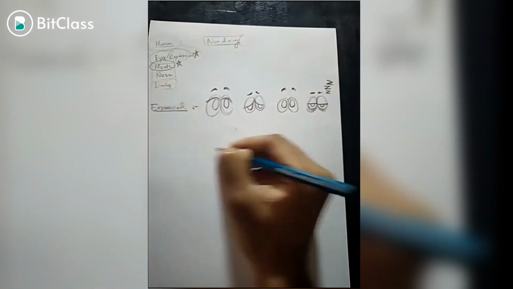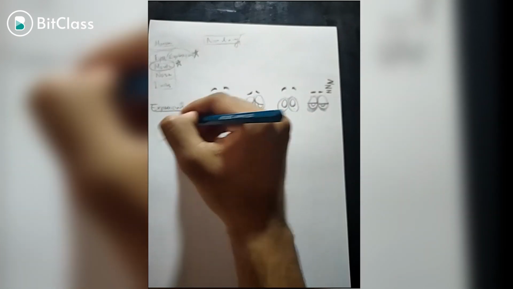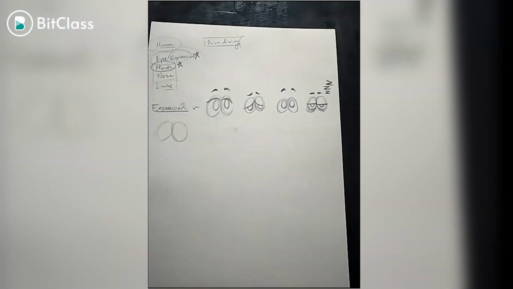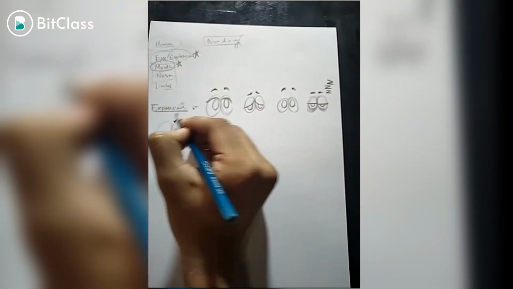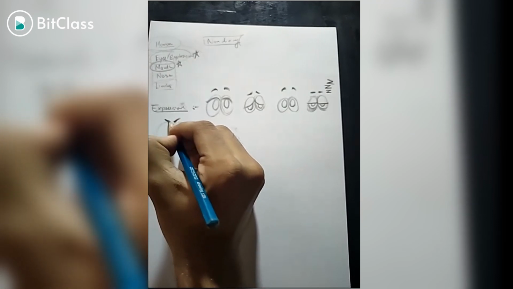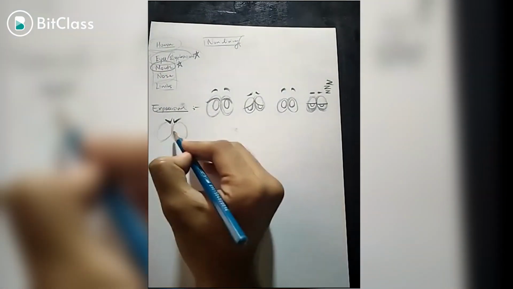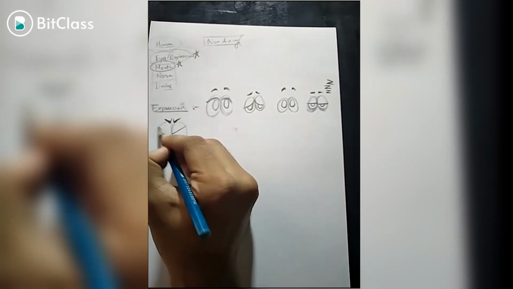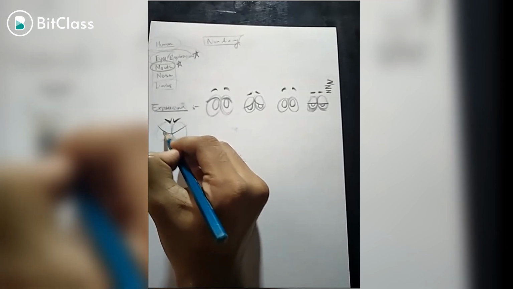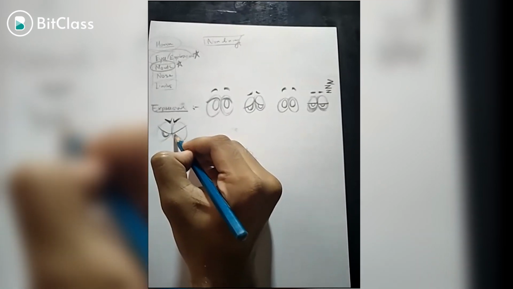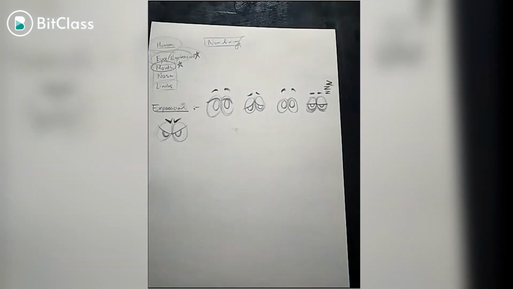Now, for that matter, let's go for the angry one here. When we are angry, our eyebrows tend to appear like this, right?